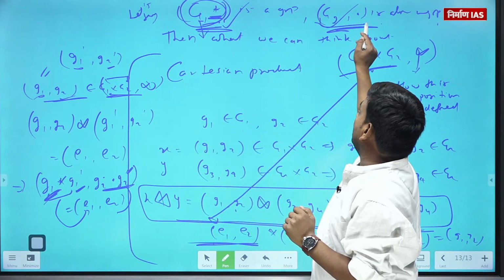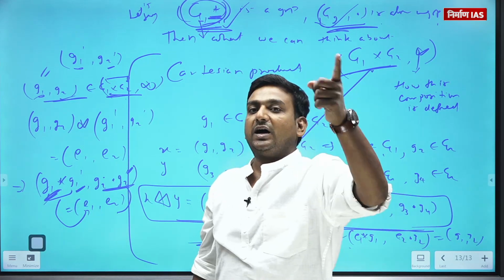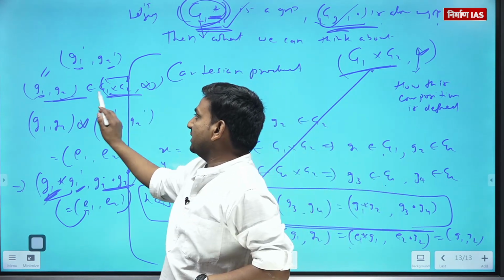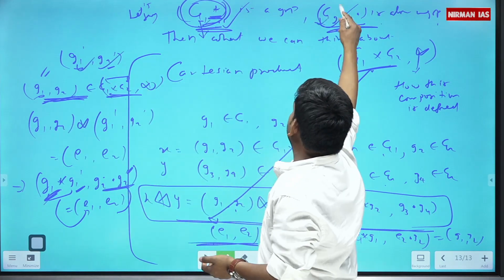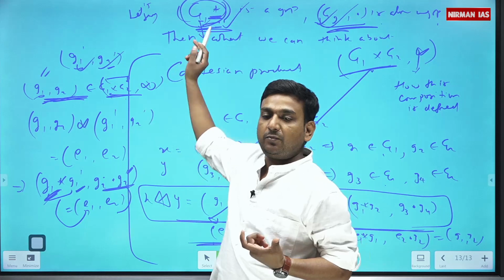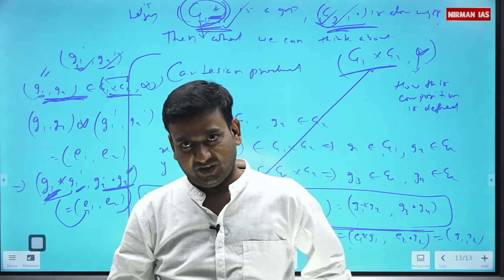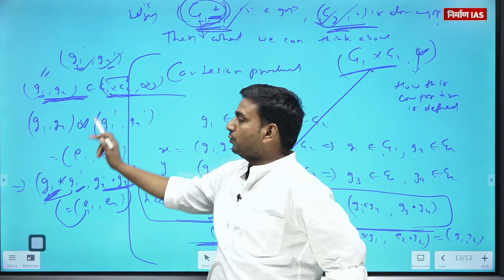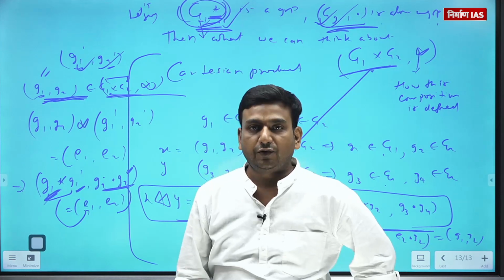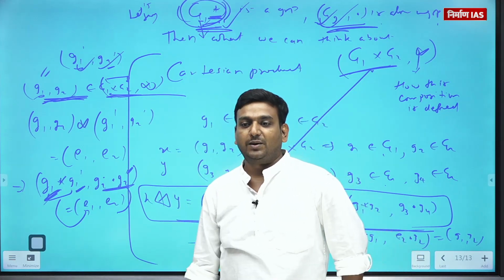(G2, dot) is a group, so elements of G2 follow associativity. Ultimately, in G1 cross G2, which elements are coming? The elements are coming from capital G1 and G2 itself, and those elements follow associativity in their respective compositions. So I will say G1 cross G2 also follows associativity with respect to that composition. Am I clear to you guys?